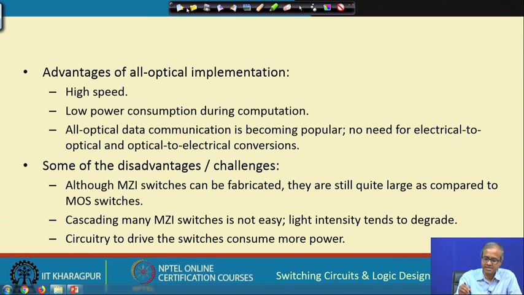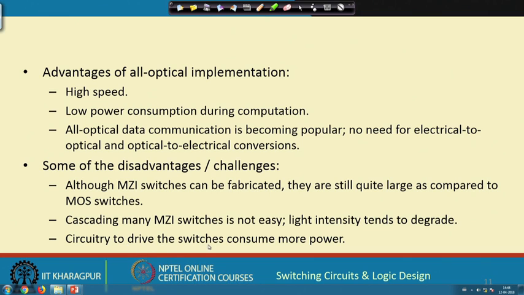But the things are not that simple, there are a lot of technological challenges still remaining. Till today, these MZI switches are relatively large in size as compared to the MOS switches which we use in our circuits, and connecting many such switches is also not so easy, because the intensity of the light tends to fade away or decrease as we connect more number of such switches in cascade one after the other.